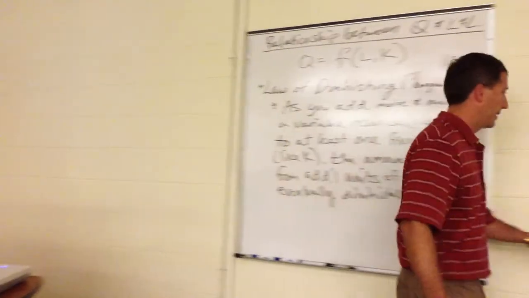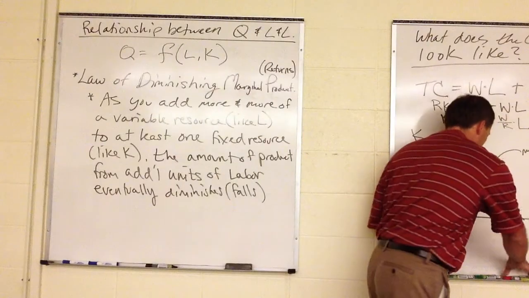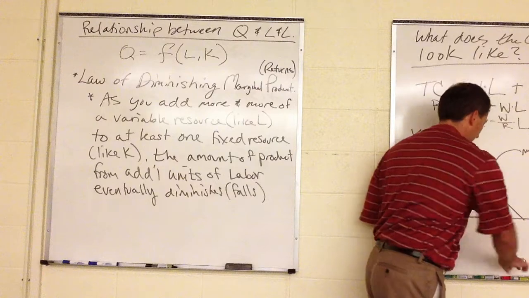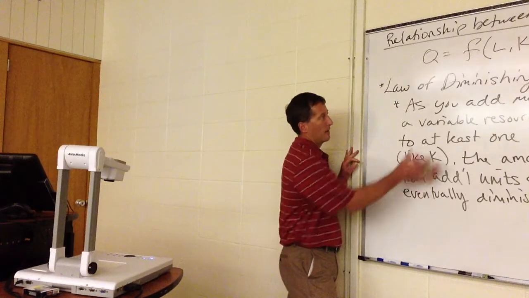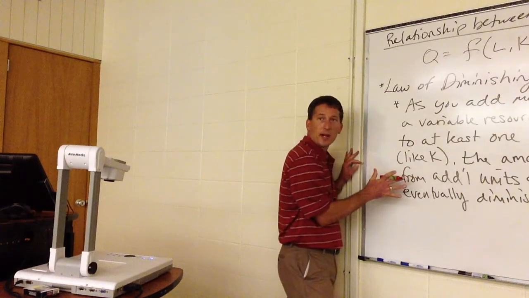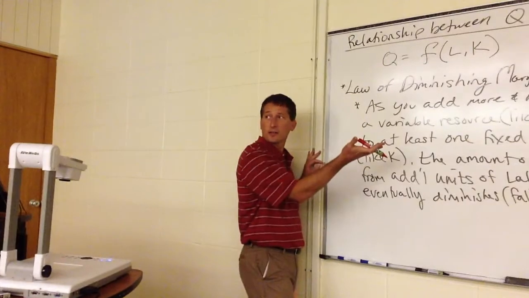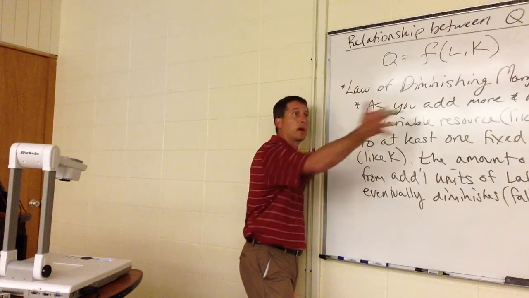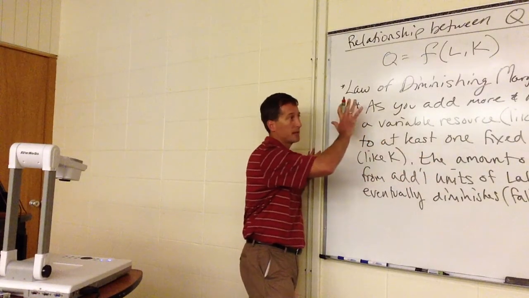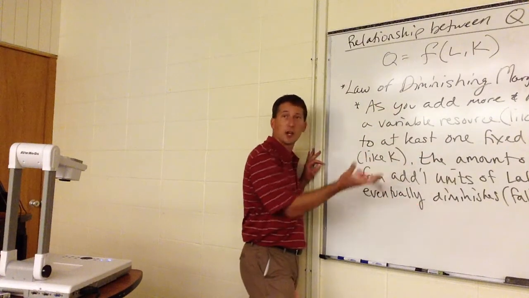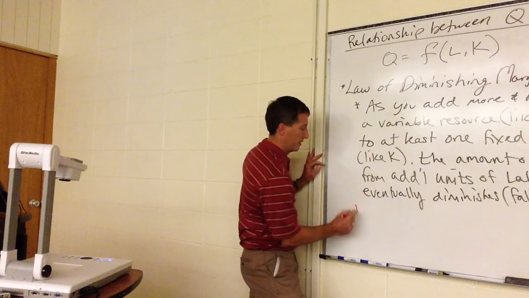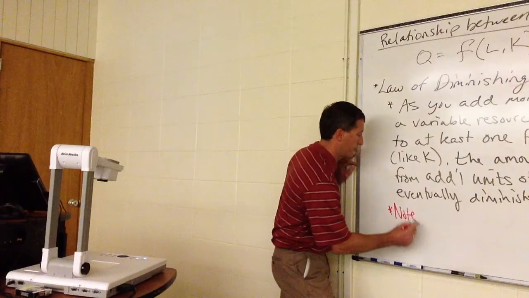Now, since Adam brought it up, maybe we'll just insert this. I probably wouldn't have inserted this at this point, but it's a good spot to bring it in. This concept gives rise to the law of increasing cost. So costs are going up at the margin because productivity is falling at the margin, causing your average cost per unit to go up. So let's just put a little note.